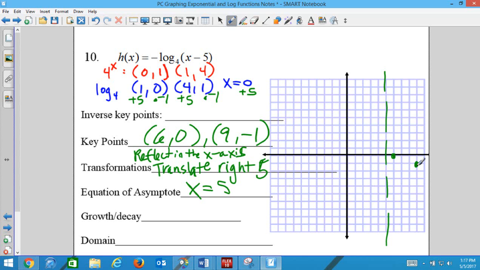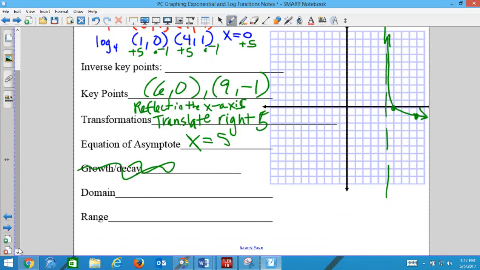We graph our points, and we use our asymptote to make this graph look like a logarithm. The domain, left to right, is 5 to infinity. And then range is up and down: negative infinity, positive infinity.